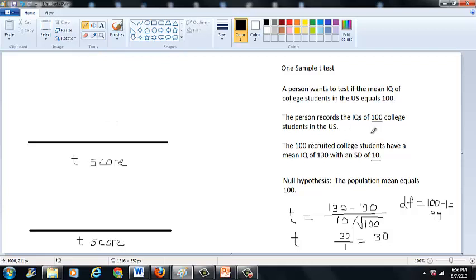All of the possible samples of 100 that might have been selected from this population of all college students in the US has its own t-score. So here's one sample of 100. Here's another sample of 100.